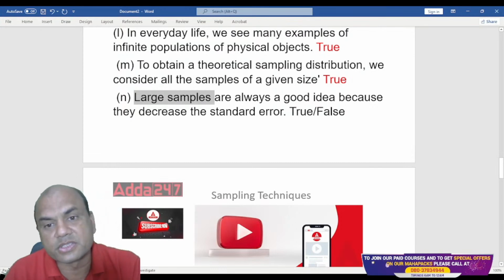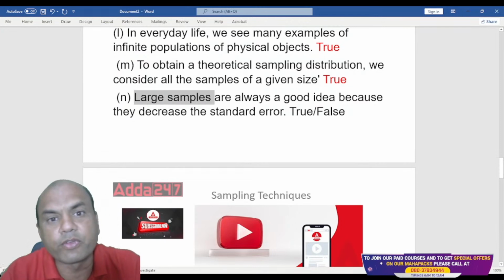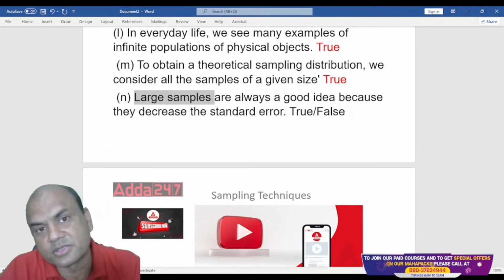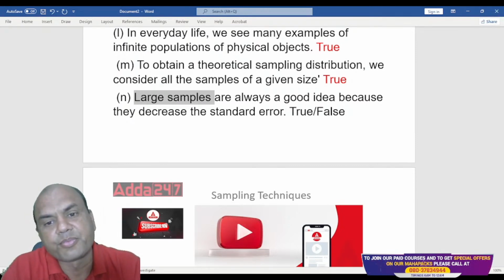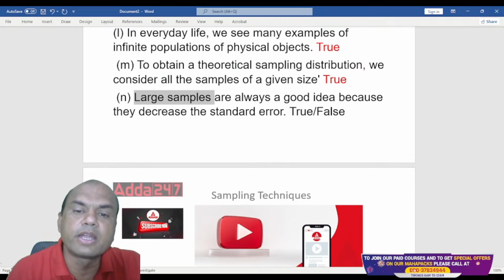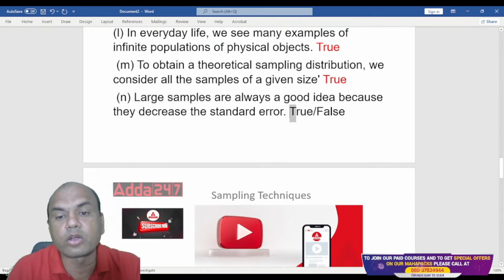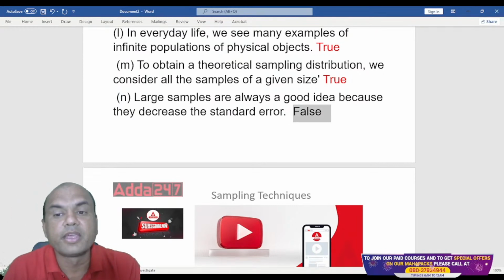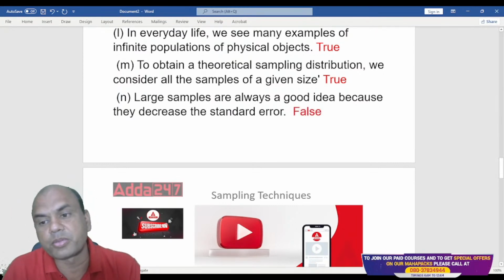What about the cost? Suppose I am doing a sample survey of 50 persons versus 5,000 persons. What will be the cost of 5,000 persons? So it's not always a good idea. That is a false answer, because cost considerations are very important. In sampling, cost is a very important part.